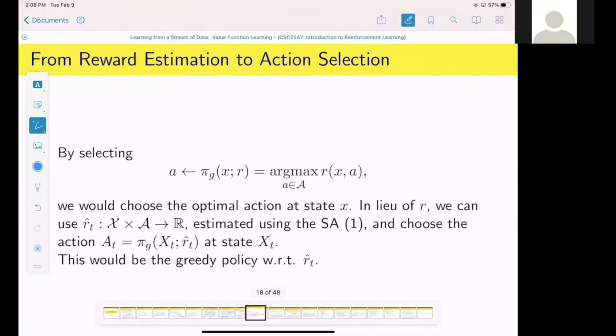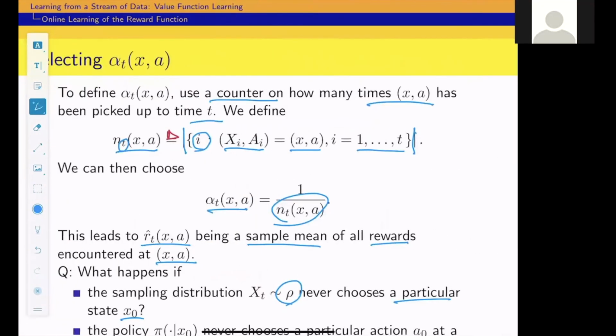Can I ask something? Sure. Couldn't we end up reaching state x0 through other states? Here the assumption is that the length of the episode is only one. So we select a state, choose an action, and then the trajectory doesn't continue. I see.